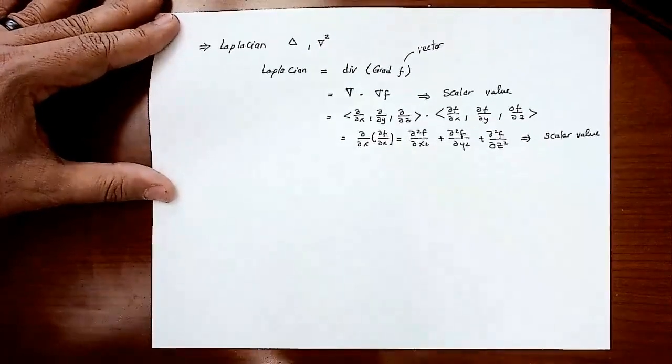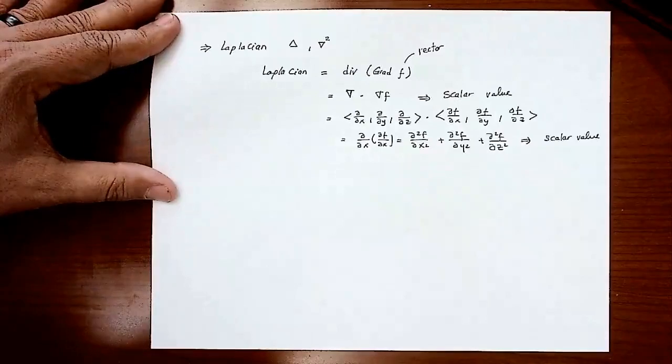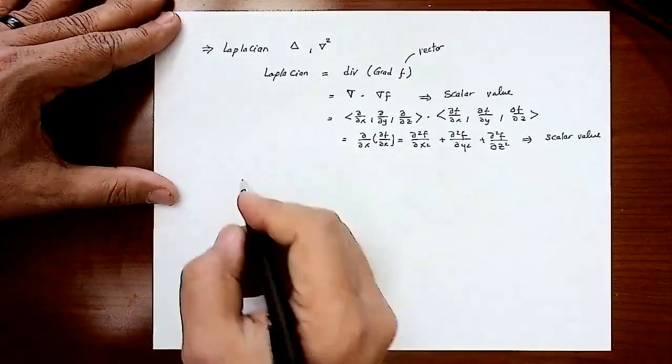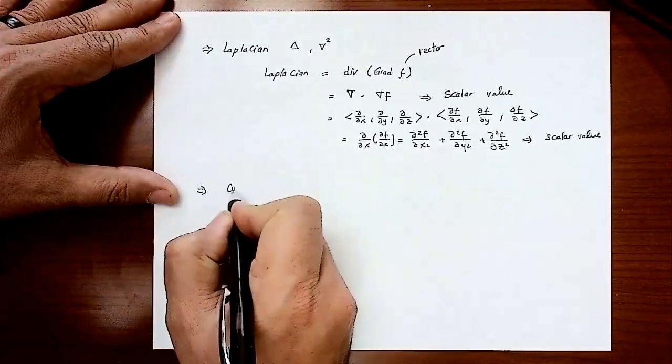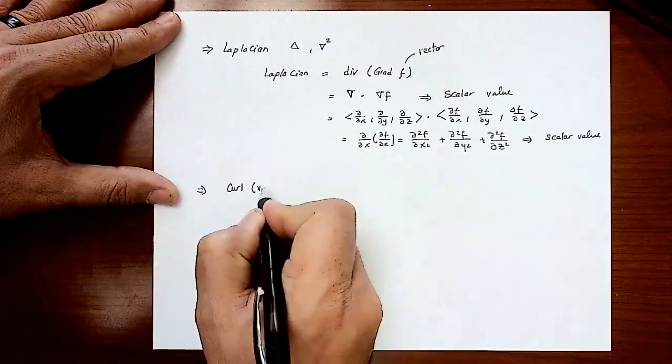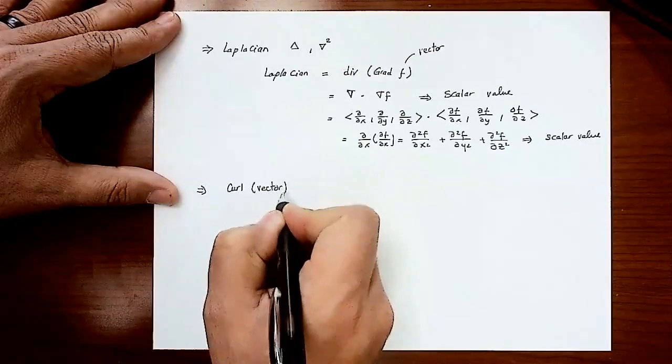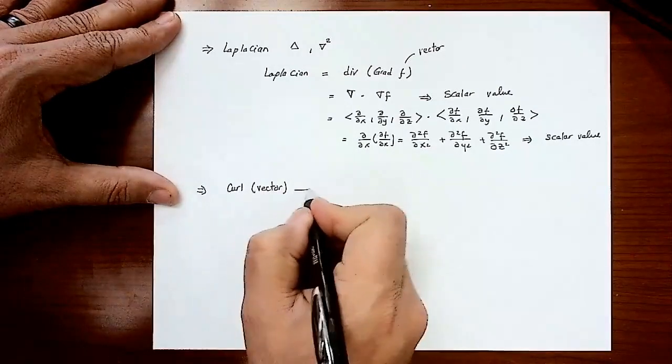The last operation of interest from vector calculus is the curl of a vector. It simply gives me another vector.